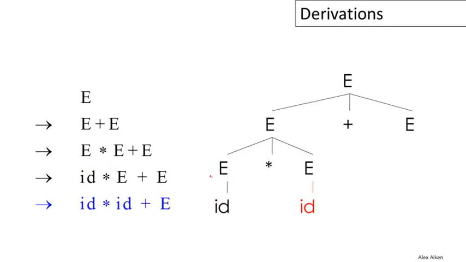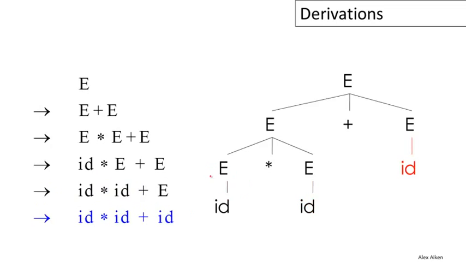Then we replace the second e by id using the production e goes to id, and finally we do the same thing with the third e, and now we have completed our parse tree. So here again, from the start symbol to the string we were interested in parsing, and in the process we built up this parse tree of the expression.